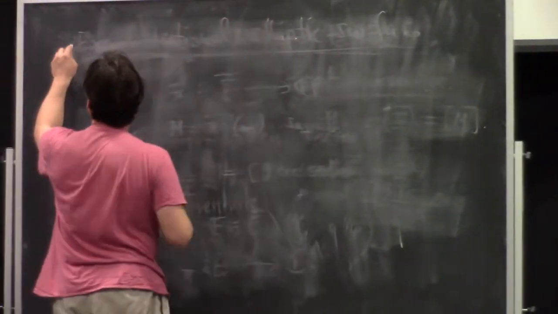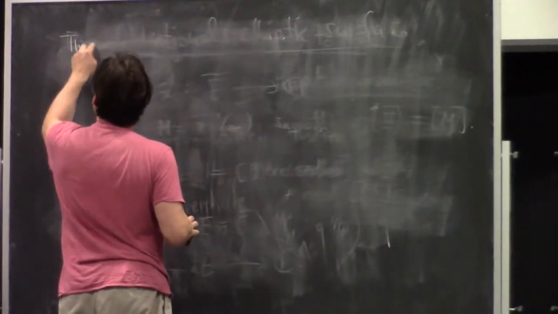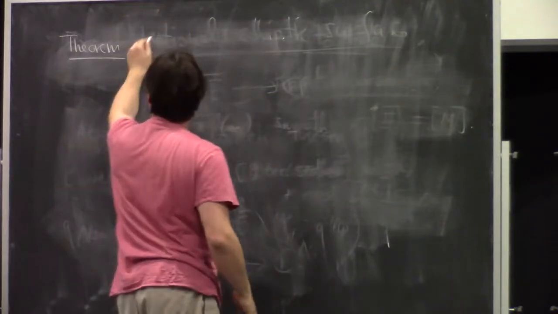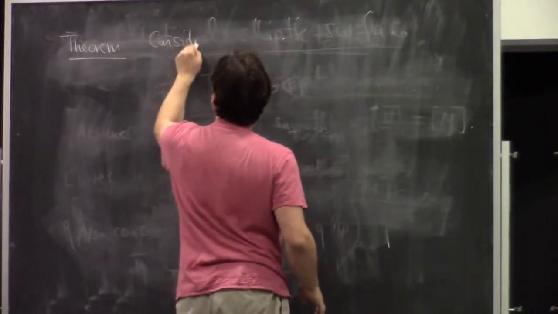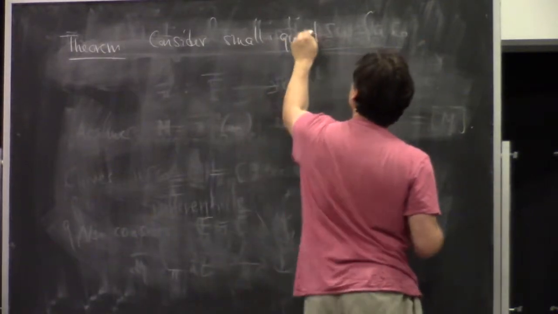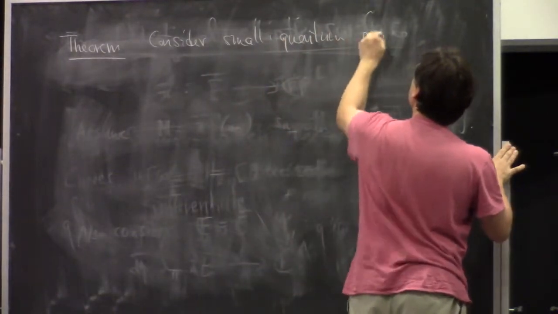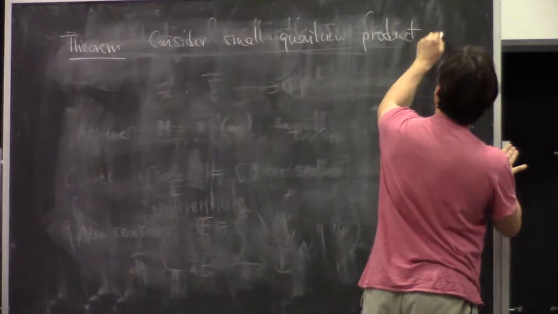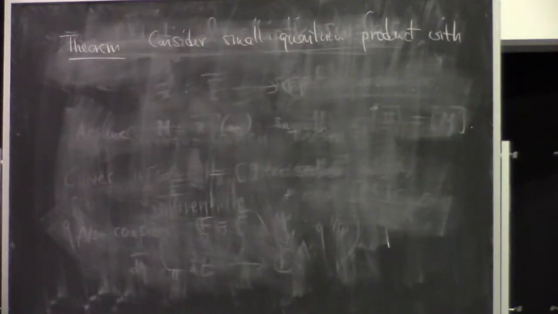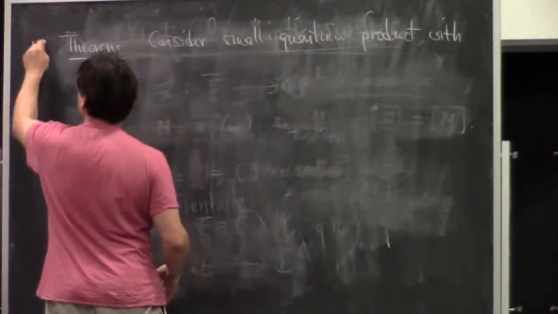Okay, so the first theorem, this is actually not a deep theorem, but consider the small quantum product with, actually, let me do it. So 1, 2, 3, then this lemma here when the number is 4, and this guy here when the number is 5.